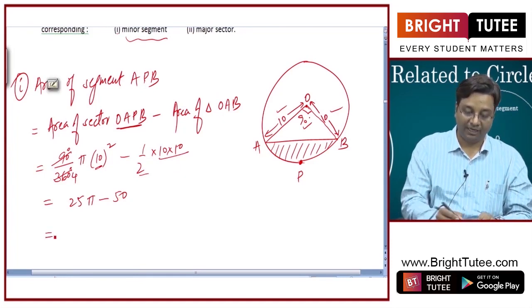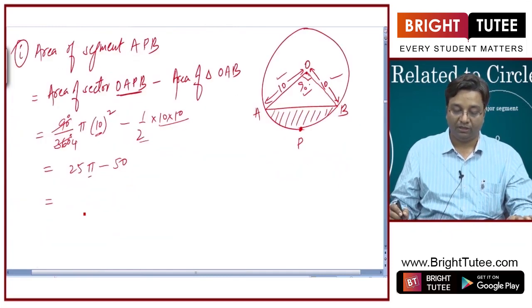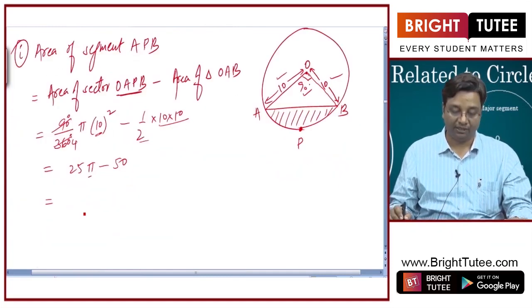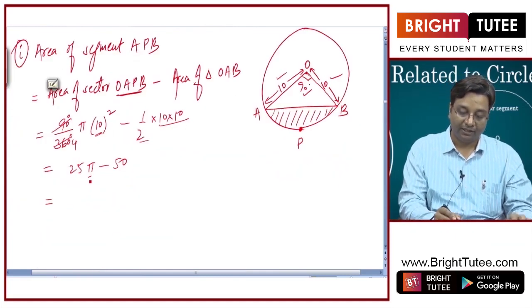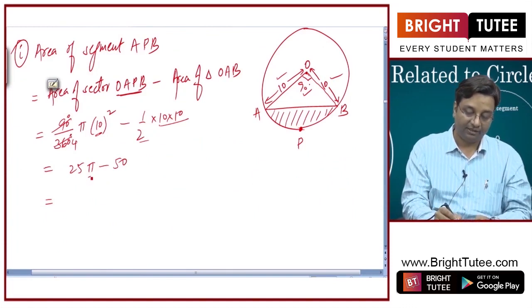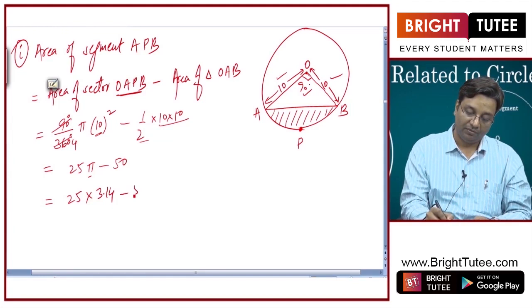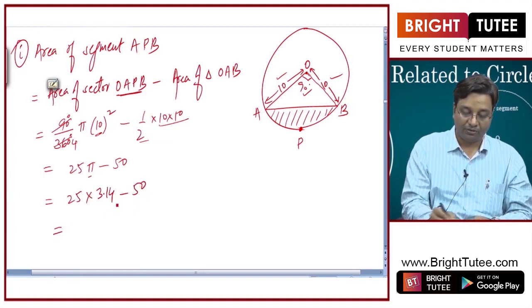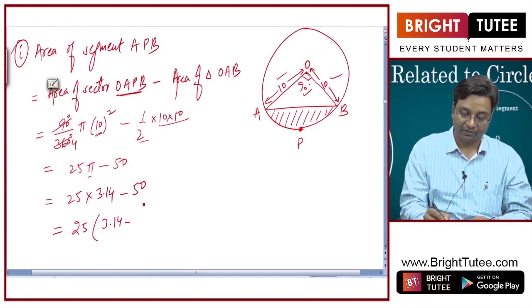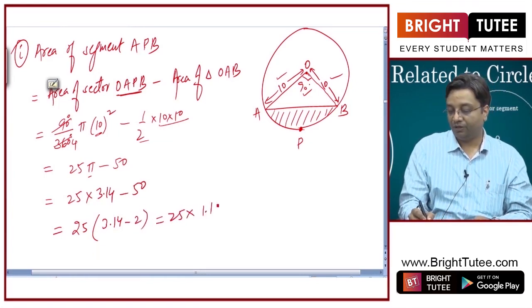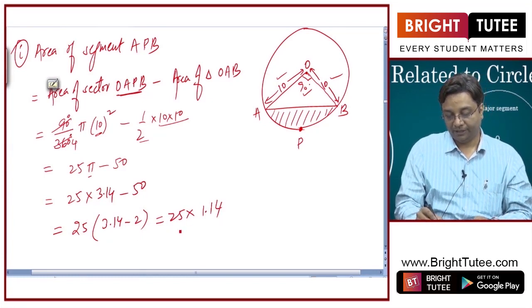You can further simplify it yourself by taking pi equal to 22 by 7 or 3.14 as mentioned in the question, okay. So right now let me take it as 3.14, 25 into 3.14 minus 50. So we can take 25 common, 3.14 minus 2, so it is equal to 25 into 1.14, okay.